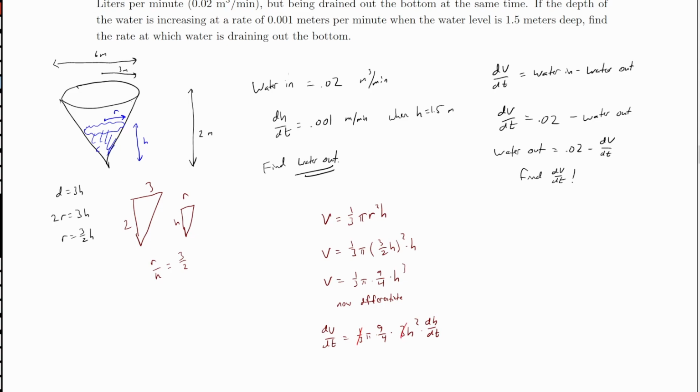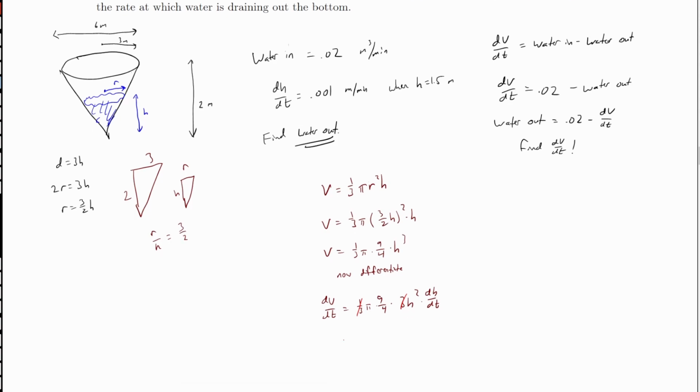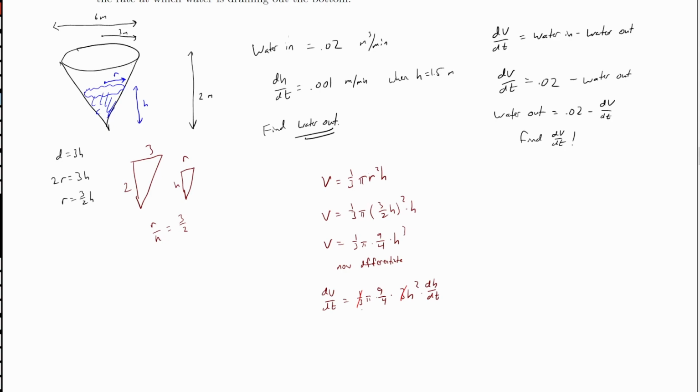I want to find dV/dt. I have a value for dh/dt and h, so I can just plug in as it is. So I get pi times 9/4 times 1.5 squared times 0.001. I think for this one, we'll just plug this into our calculator and get a decimal approximation.